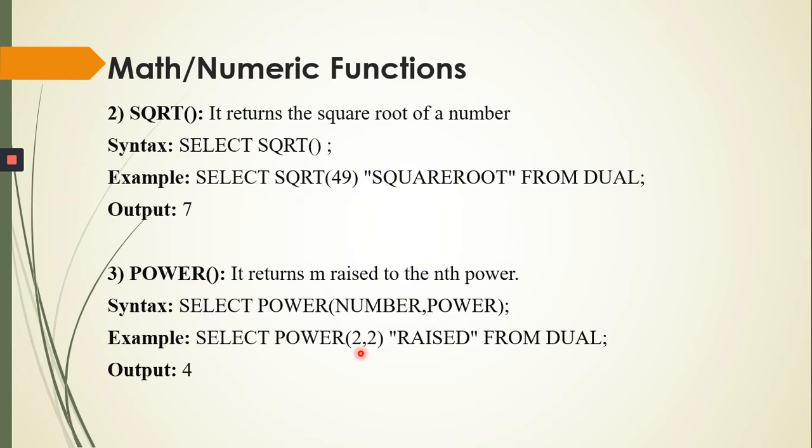If we want to find 2 raised to 2, then 2 is our number and 2 is the power, from dual. The output will be 4. If we write 3 raised to 2, it will give the output accordingly. So 2 is the number and this is the power, 2 raised to 2 gives output 4.